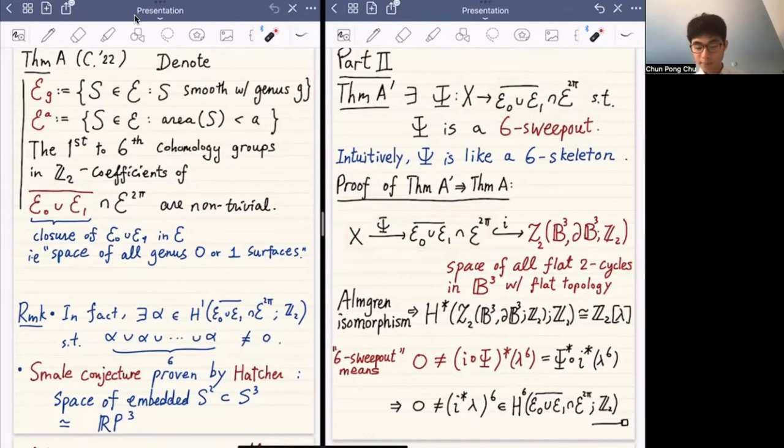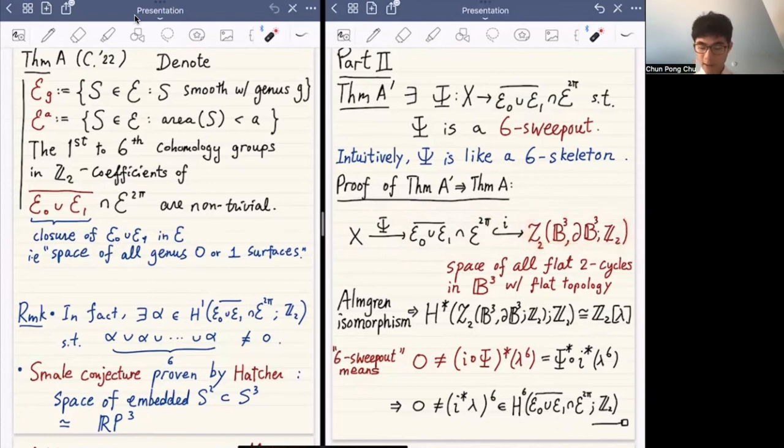And then we embed this space we consider into the space of all flat 2-cycles with the flat topology. Because the surfaces we consider in this space are smooth except at finitely many points, and they have finite area, because we bound the area above by 2 pi, they will be rectifiable currents, and in fact, they are 2-cycles in B3, and then we equip this space with the flat topology.